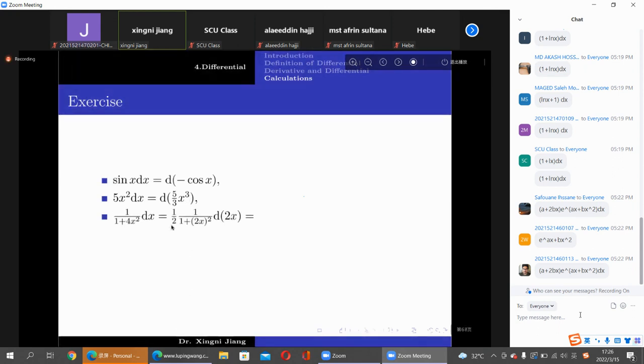And for this guy, it's a little bit hard. It's going to be 1 over 2, and you just make the regular calculation. You just make it like something you're familiar with. And then you know something like 1 over (1 plus x to the power of 2) is the derivative of arctangent x.